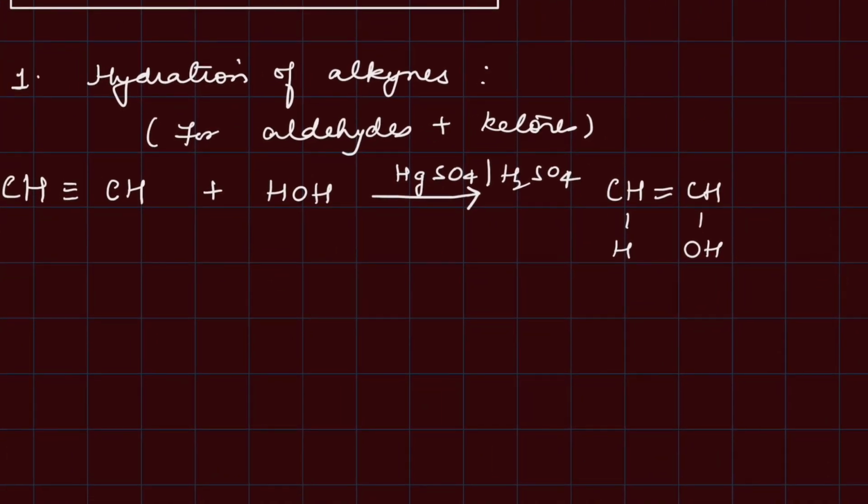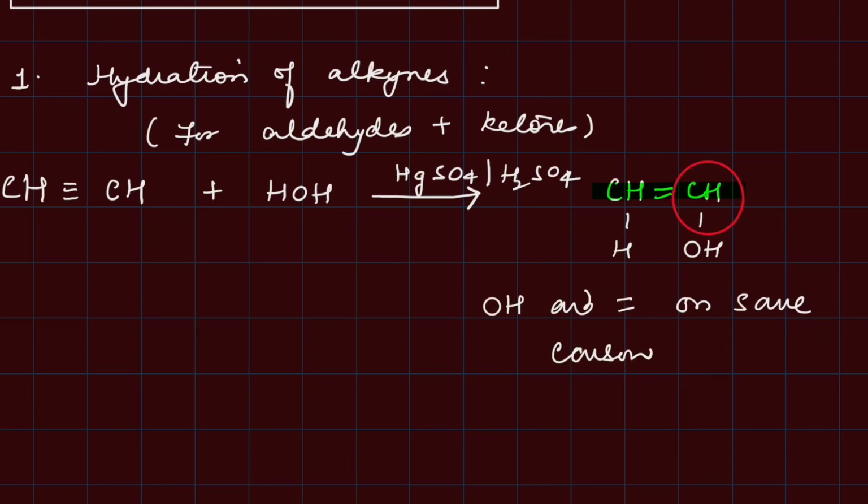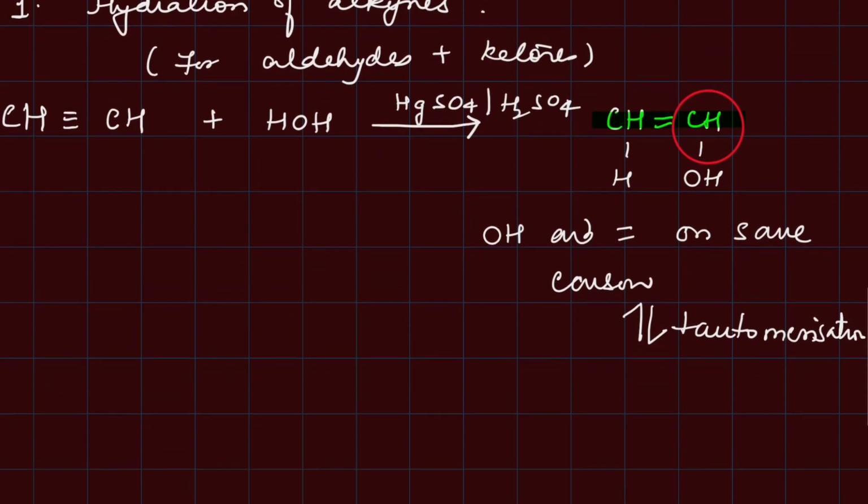If you look at this structure, it is an enol, that is, on the same carbon you have OH and a double bond. Look at the circled carbon, it has a double bond and an alcohol. So this will undergo tautomerization, in which H gets transferred.